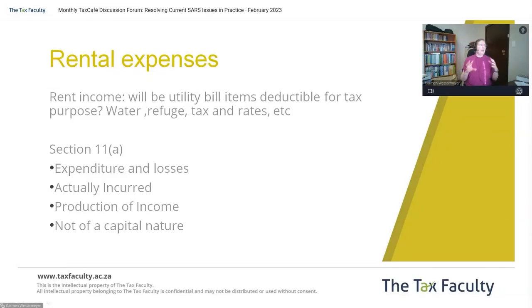This is also where I would then go and say the rest of the expenses is going to depend on the nature of your rental agreement. So, for example, if you have bought a property that is in an estate with a security fee and an estate levy, then that is going to be tax deductible, because that's just part of your running costs of the property.